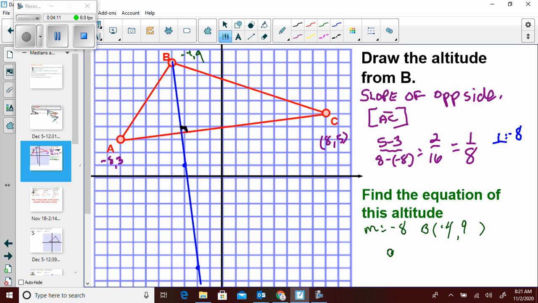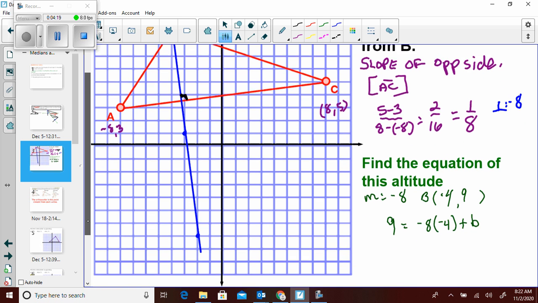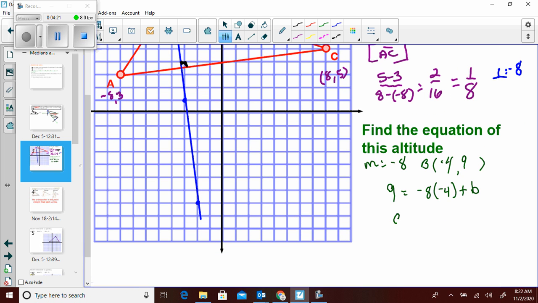We've been doing a ton of these. 9 equals -8 times -4, plus b, the y-intercept. 9 is 32, plus b. b is -23. So my equation of the altitude is y equals -8x minus 23.